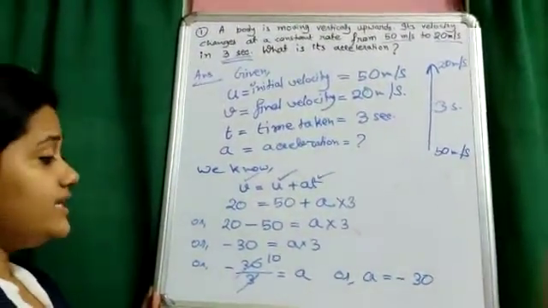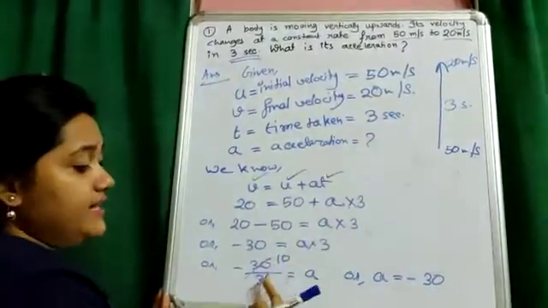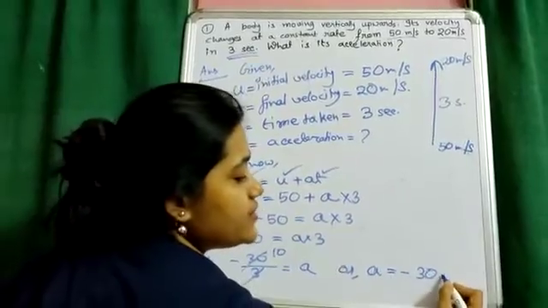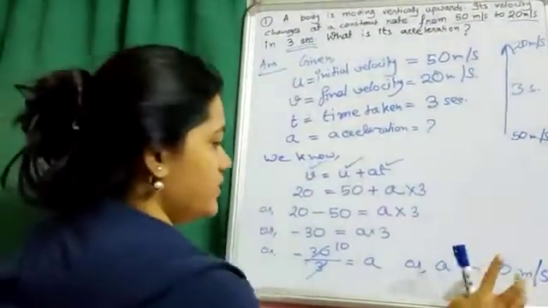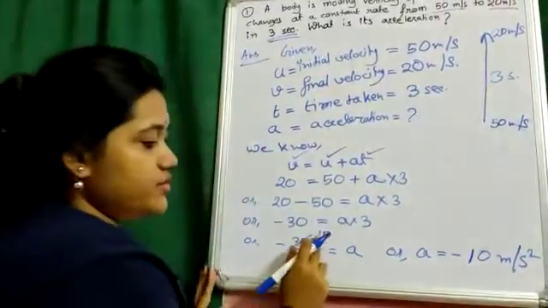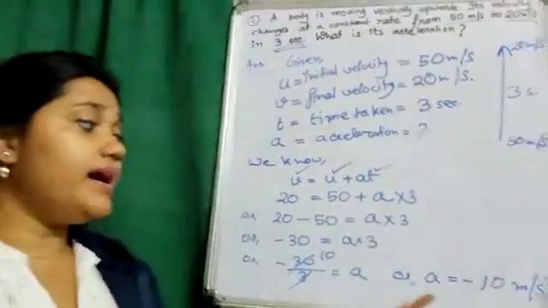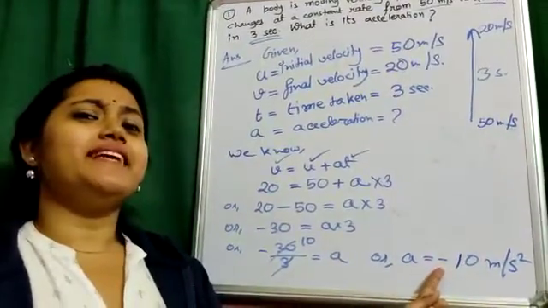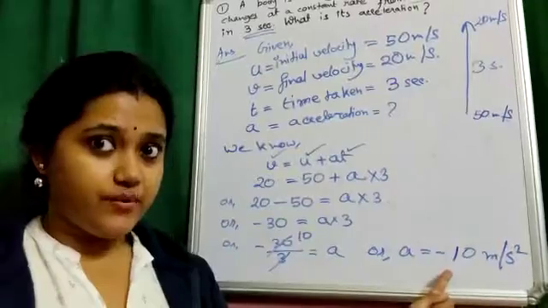What is the unit? Now you check it. V is in meter per second, divided by time in second, so the acceleration will be meter per second square. So a is minus 10 meter per second square. But one negative sign is there. What is the meaning of the negative sign? That is, acceleration is negative.